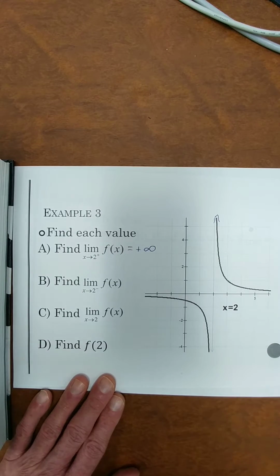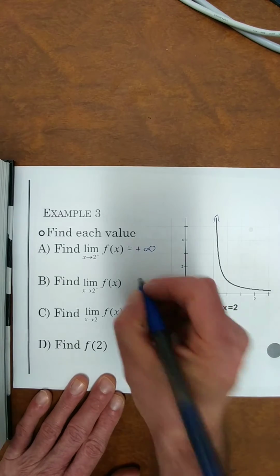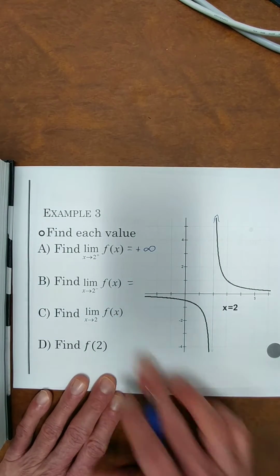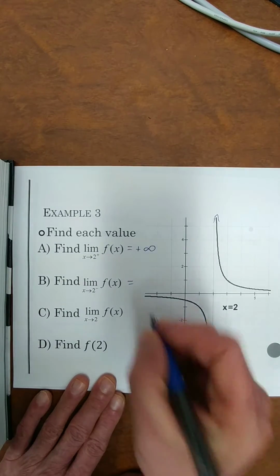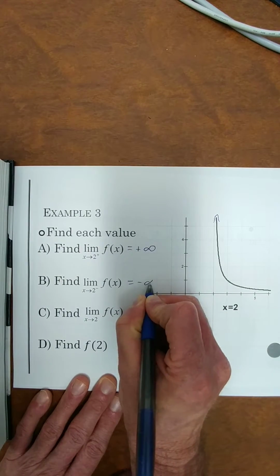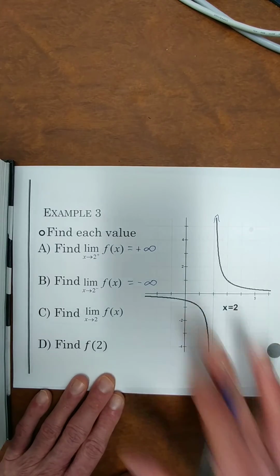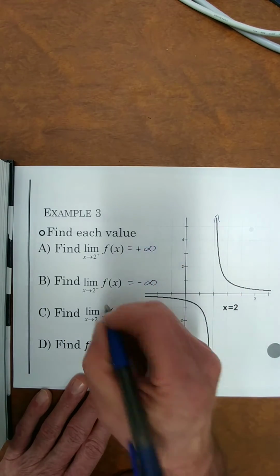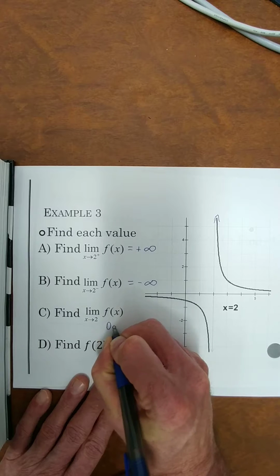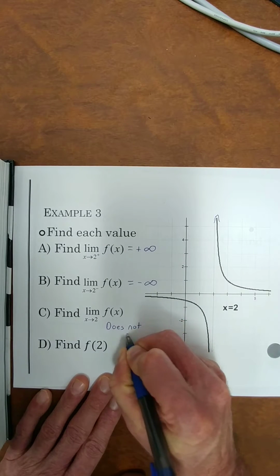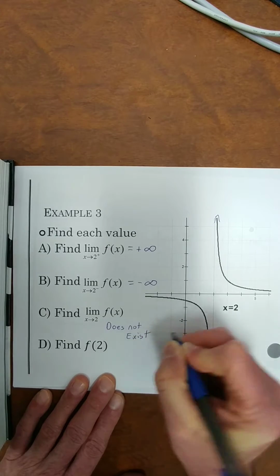It really doesn't have any bounds, so we describe it as infinity. On the other side of the asymptote, basically the same thing happens, but we're approaching very large negative values. So we'll describe that as negative infinity. Positive infinity and negative infinity do not agree. So we have to say that in this case, the limit does not exist.